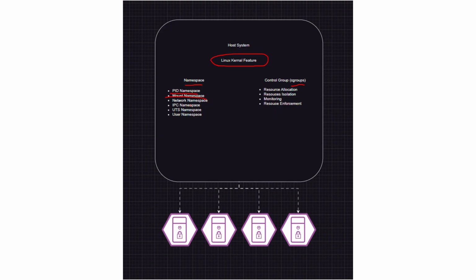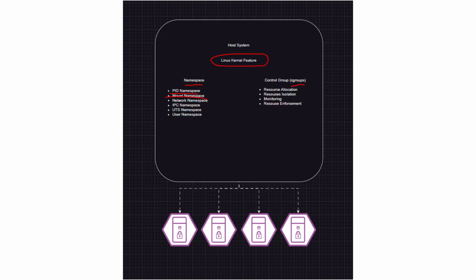Mount namespace enables the creation of container file systems within their own root file system, isolating the host from the container's file system. When you log in to your container, which I will show you how to do, you will see a completely different root file system from the host's /. That is only possible because of the mount namespace.